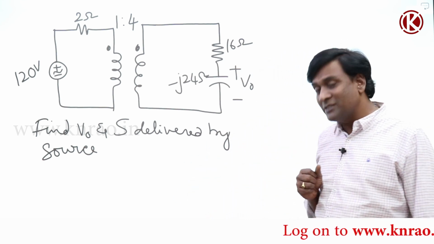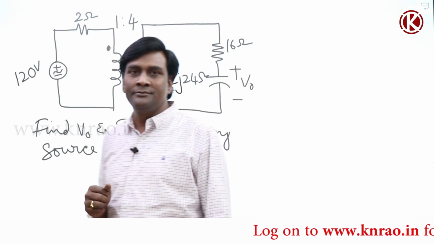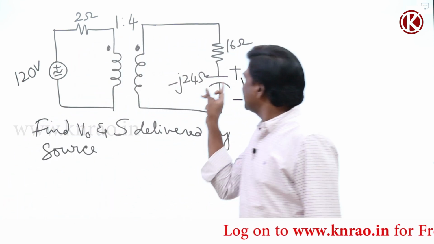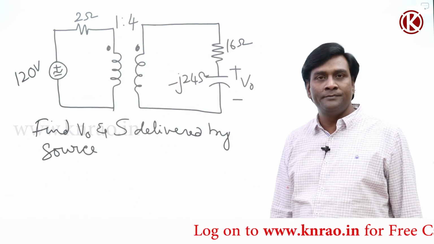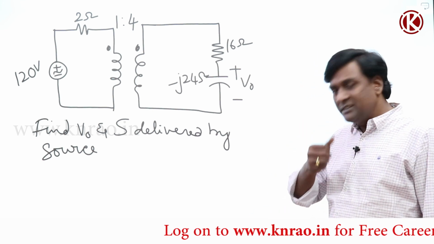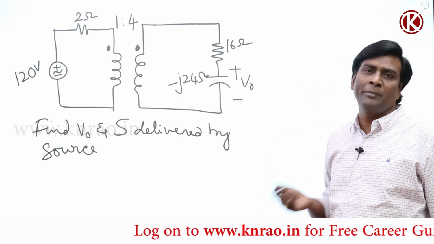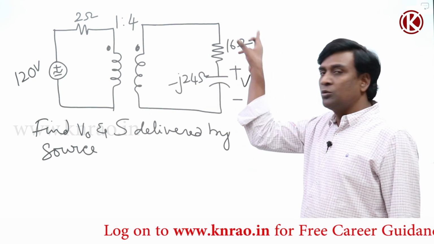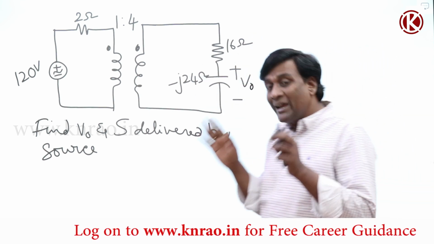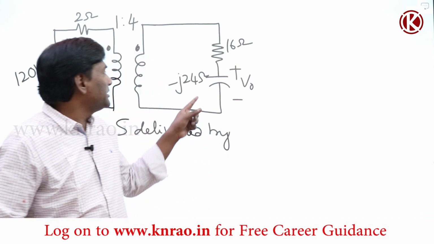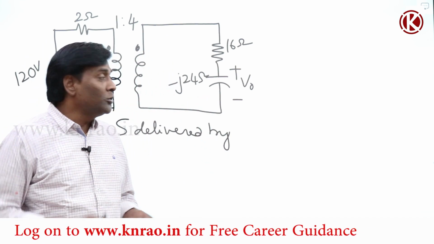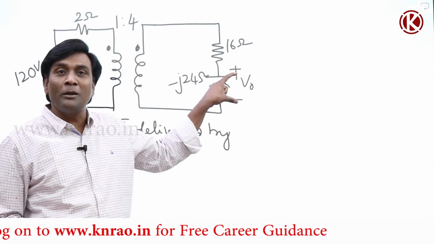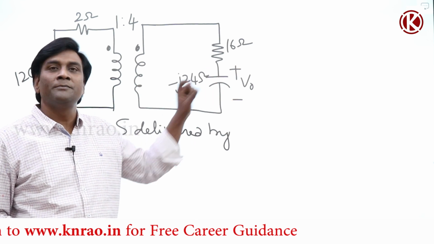Capacitive dominated loads, normally no. So I don't accept this as a load. Of course, reactive power compensation and all we are going to see by connecting capacitors, but as a load we are not supposed to accept this, because a capacitive dominated load will not be there. And that too they ask the output voltage across the capacitance, because it is networks.